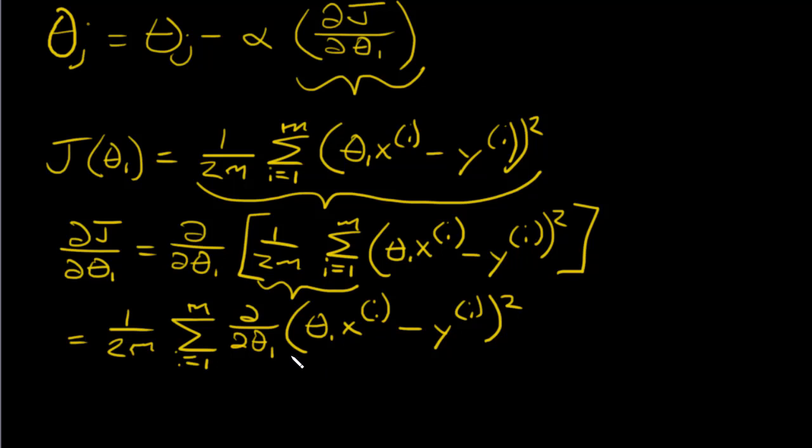Now this hopefully rings a bell: when we're taking the derivative of a quantity that is squared, we're going to invoke the power rule. And since it's not just plain theta 1, we're also going to have to invoke the chain rule in return. So I'm going to start over with a new screen and start from that point.